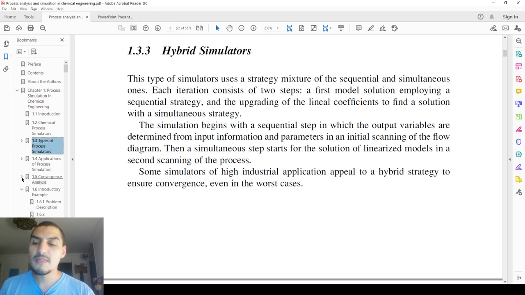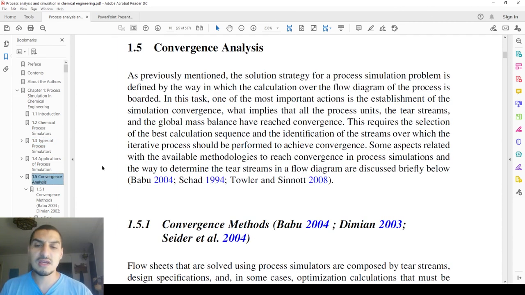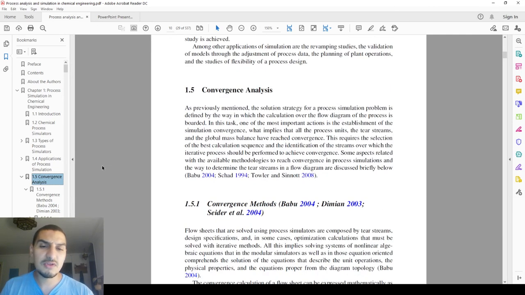The last point I want to make in this video is what is called the convergence analysis. I personally didn't read it thoroughly. I just skim read it, and I think it's not going to be of interest to most of the readers because it talks about the mathematical methods that are used to test the convergence, if the solution is getting closer to the final solution or it's getting further, whether it's going to converge or diverge.